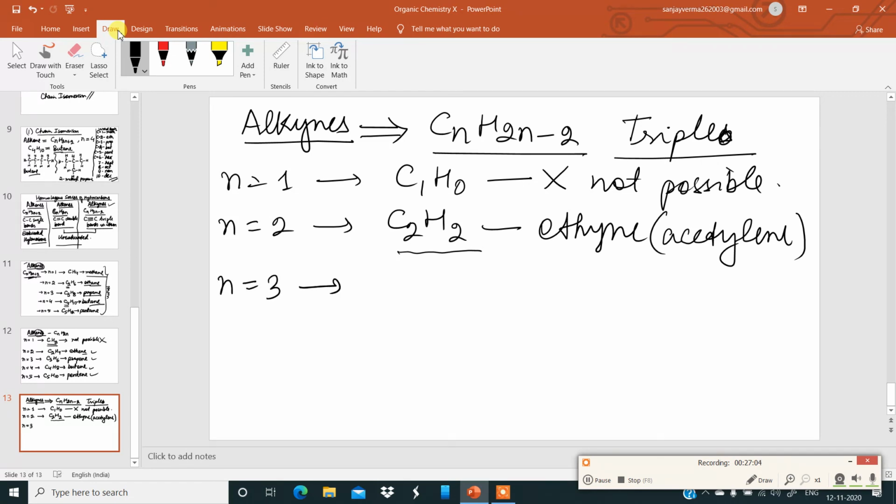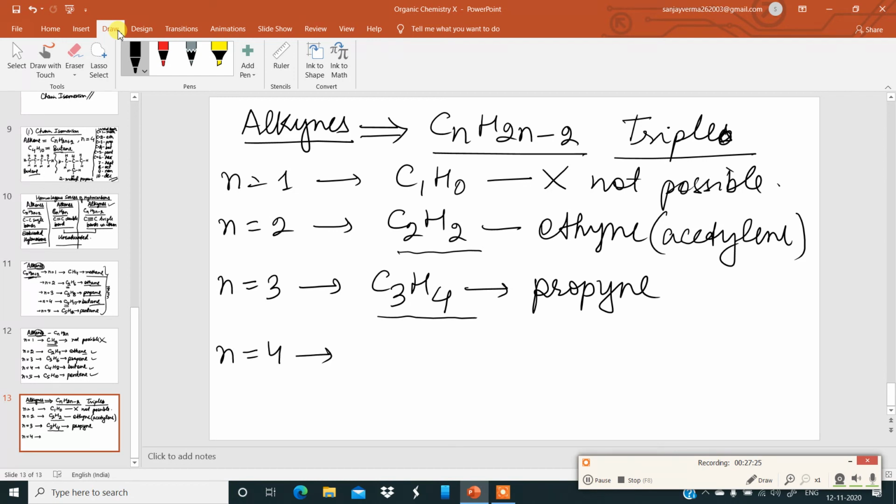Next is n equal to 3. Three carbon atoms. It becomes C3H, 6 minus 2 is 4, so C3H4. This compound with 3 carbon atoms is called propyne. Similarly, I can have one more.